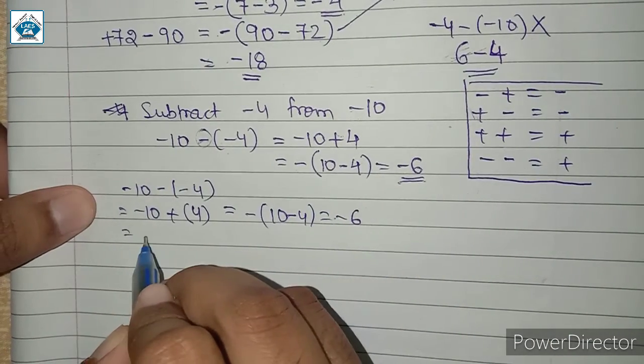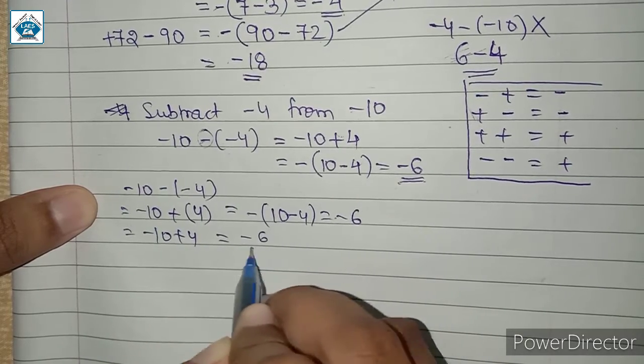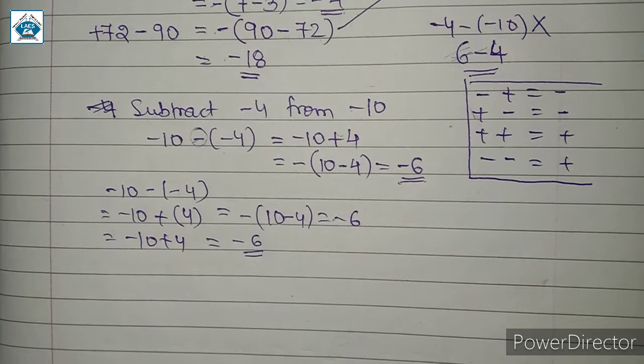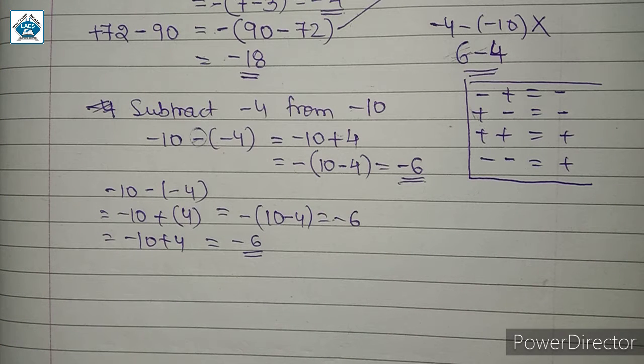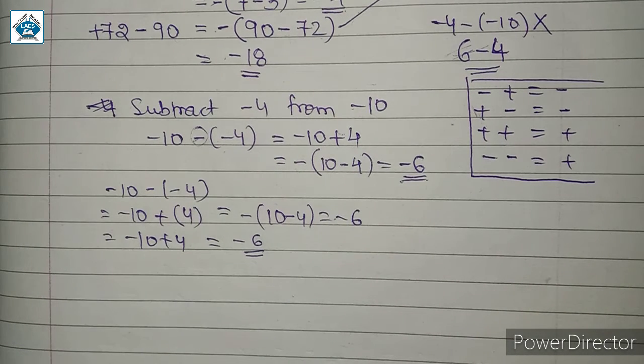And you can also write it this way, -10 plus 4, then you know that this is equal to -6. Simply what will you do, do 10 - 4 and put a negative sign, that is the minus sign, in front of it. So in this way we will do the subtraction of integers which we have seen using the number line, with the help of the number line, and without using the number line, in both the ways.